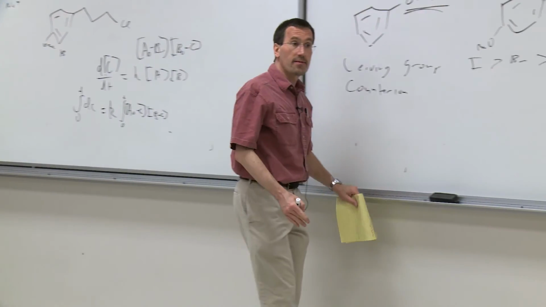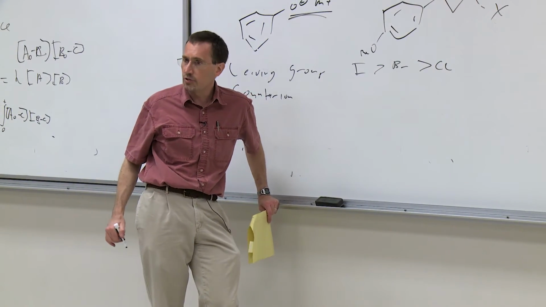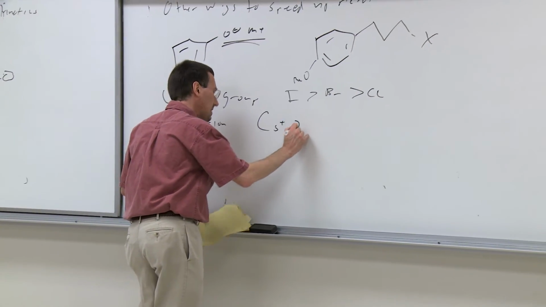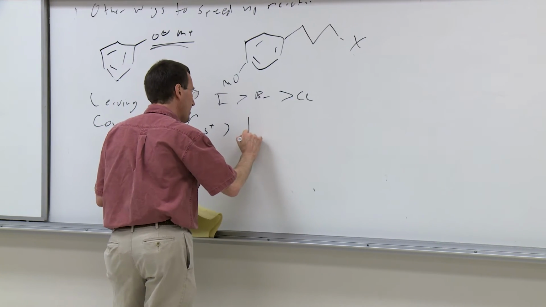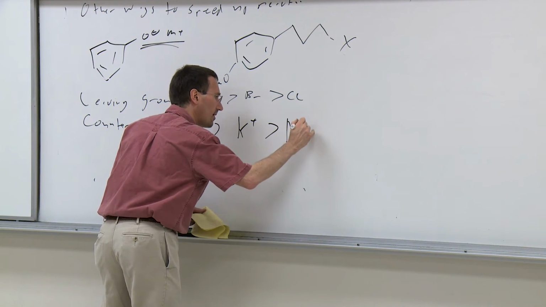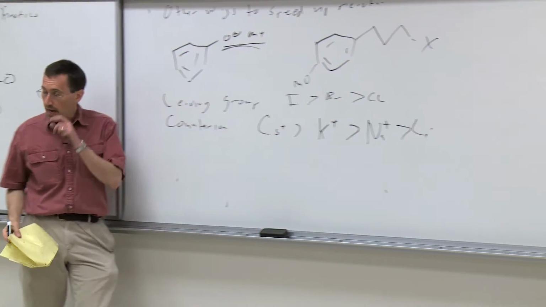In general, that means as you move down the periodic table of alkali metals, you get more dissociated ion pairs. Cesium is often better than potassium, which is often better than sodium, which is often better than lithium at giving a naked ion.